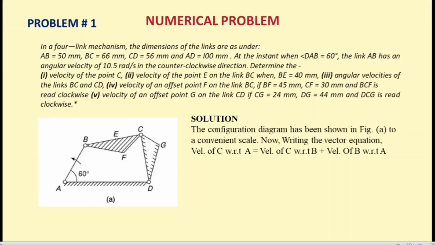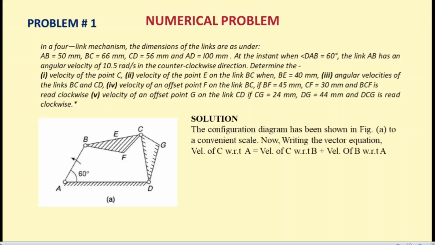Number 5, velocity of an offset point G on the link CD if CG equal to 24 mm, DG equal to 44 mm, DCG is read in clockwise direction. Okay, clear?